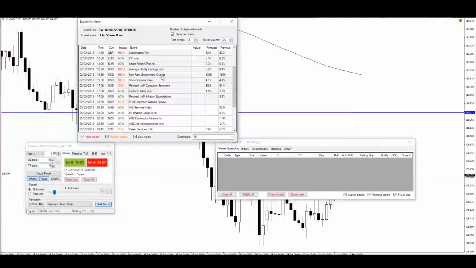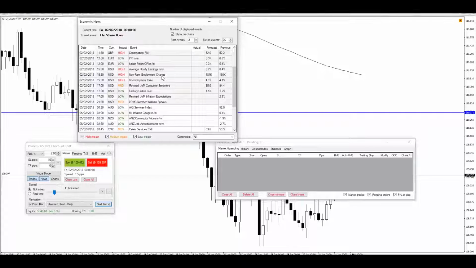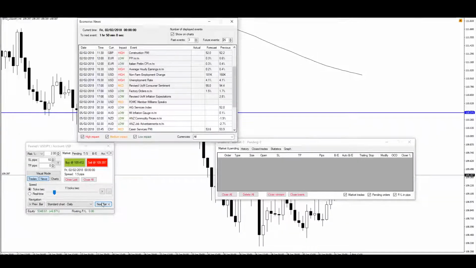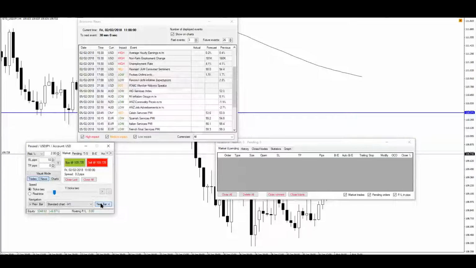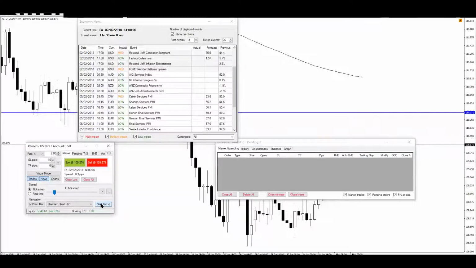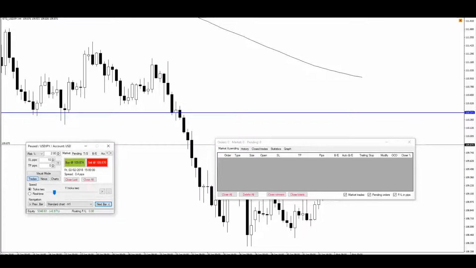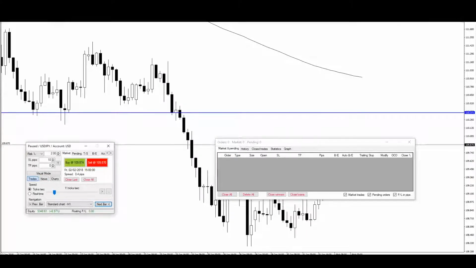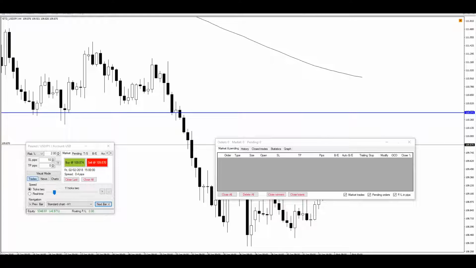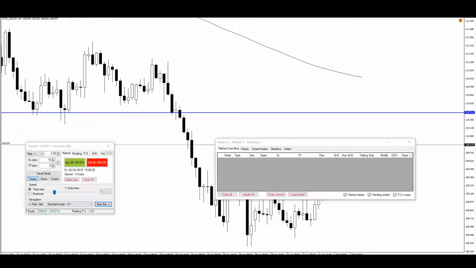Non-farm employment change, 2nd February. Okay. 15, 9, 10, 11, 12, 13, 14, 15. Perfect. We got non-farm employment payroll. So you're just looking to catch, yeah, exactly. So we're just looking to catch the retracement. Yeah, only NFP.